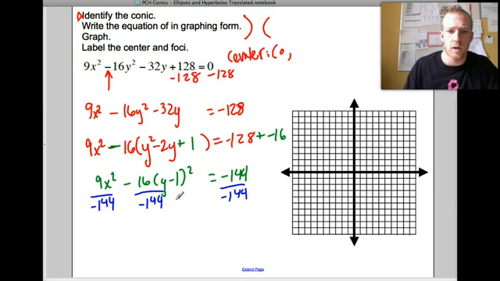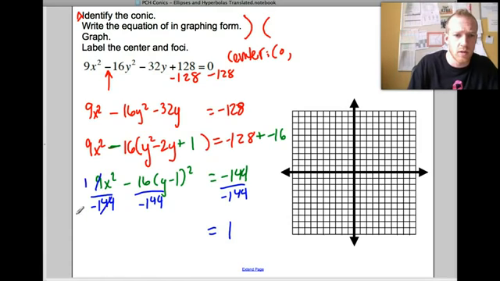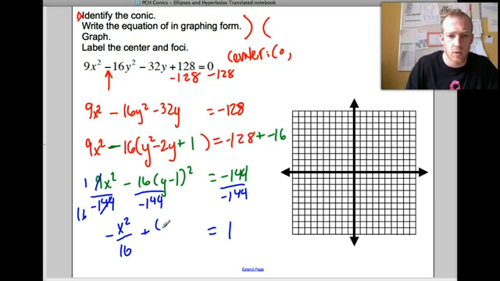Alright, so that reduces to a 1. Now this is actually my negative term, and this reduces to a 1 over 16. So we got a negative x squared over 16, and the negative over negative is positive, y minus 1 squared. 16 over 144 reduces to a 1 over 9.